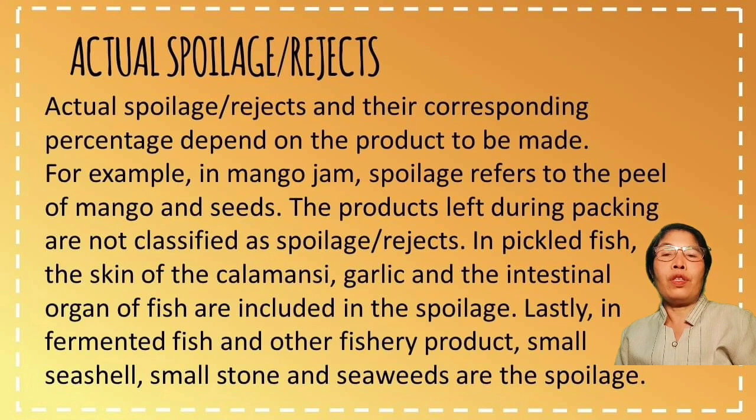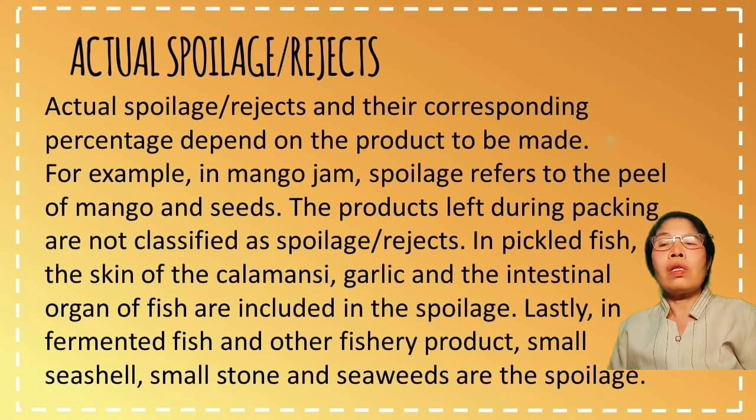In pickled fish, the skin of calamansi, garlic, and intestinal organ of fish are included in the spoilage. Lastly, in fermented fish, the other fishery products, small seashells, small stone, and seaweeds are the spoilage.